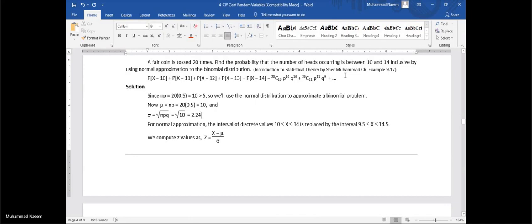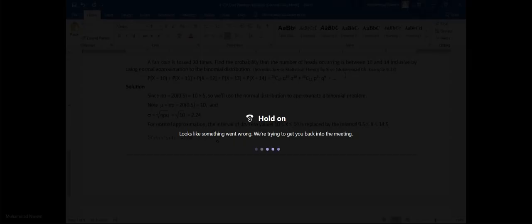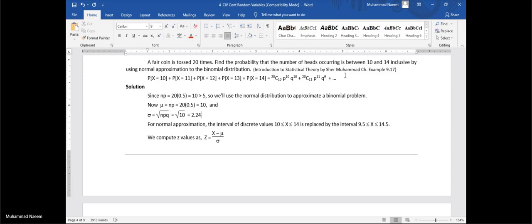So calculate the probability from 10 to 14. We have to think about their position, whether to add the tabulated areas or to subtract the tabulated areas, or we use 0.5 subtraction or 0.5 addition.